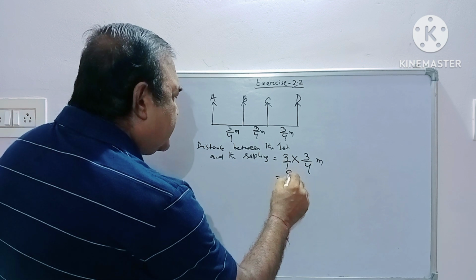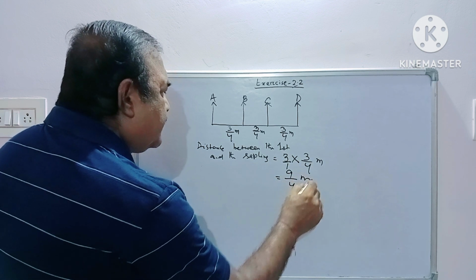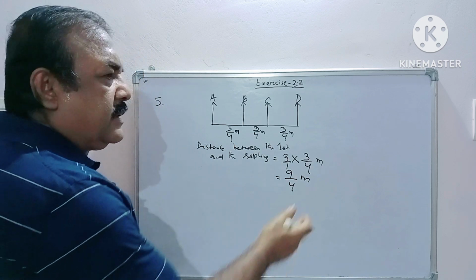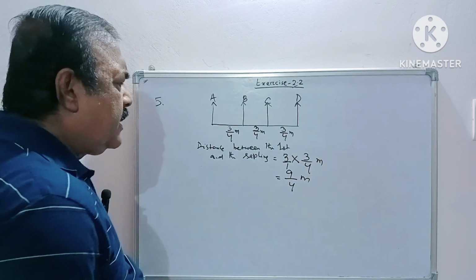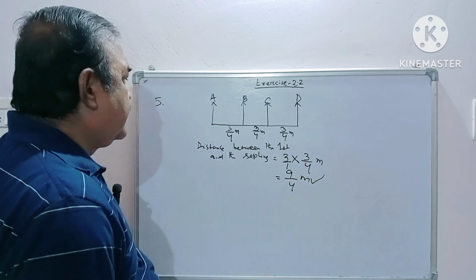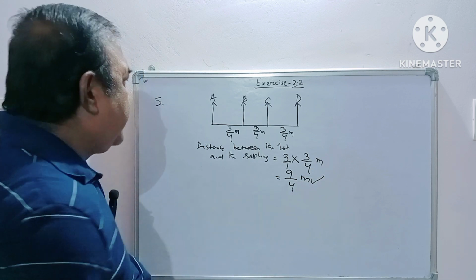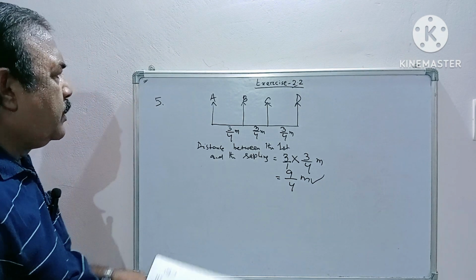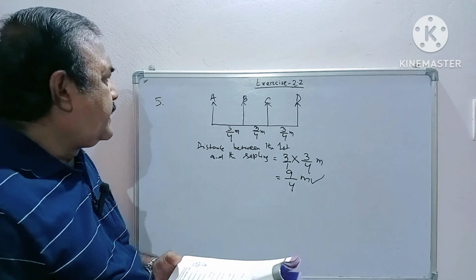You may write like this. So 9 upon 4 meter. You may write it in the mixed fraction, or you write it like this, improper fraction, 9 upon 4 meter. So it is very much easier for you. Okay. So you will do like this.